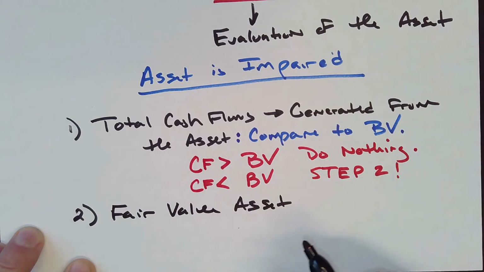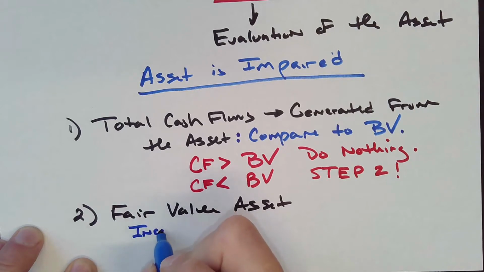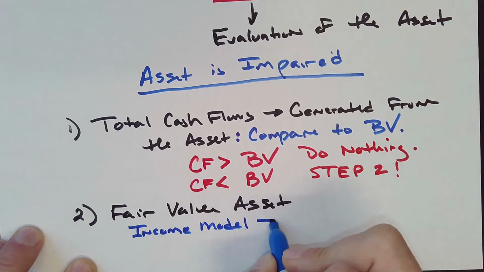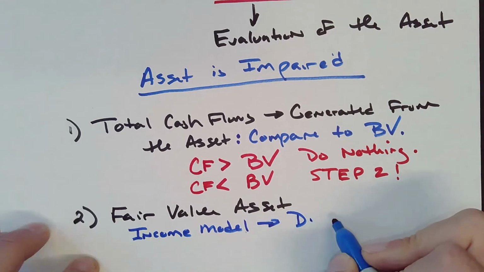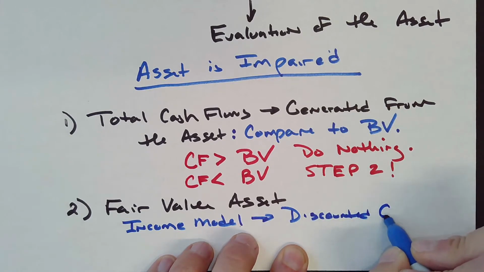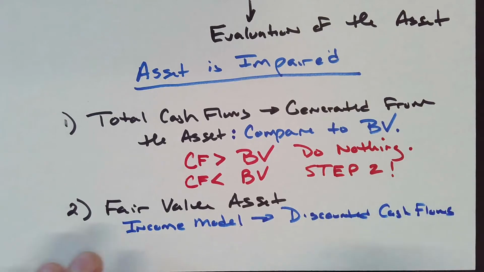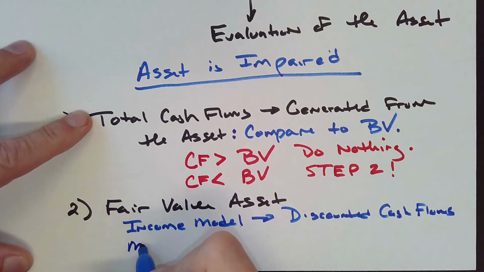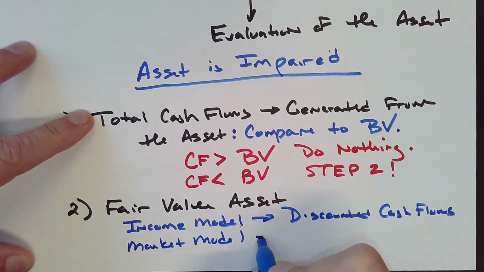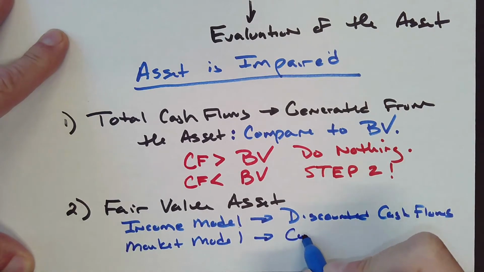We may use an income model, such as discounted cash flows. Or we might use a market model, by examining the value of comparable assets.